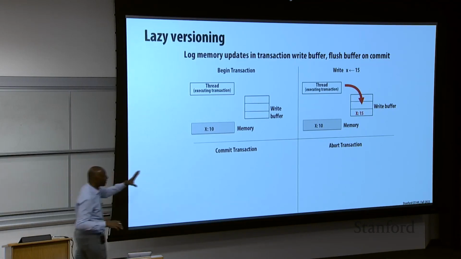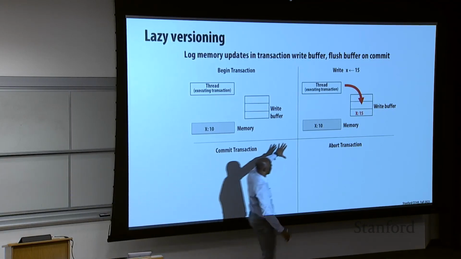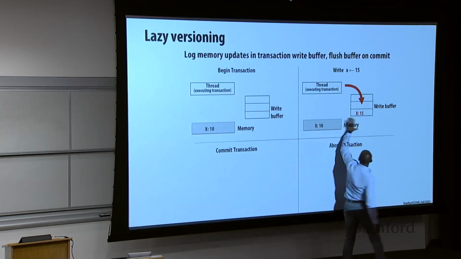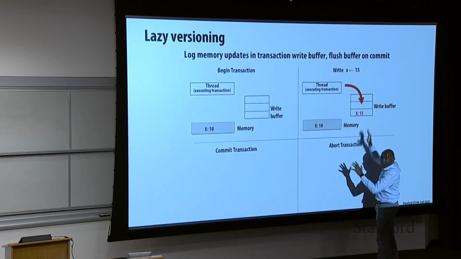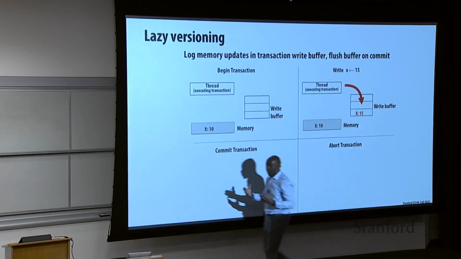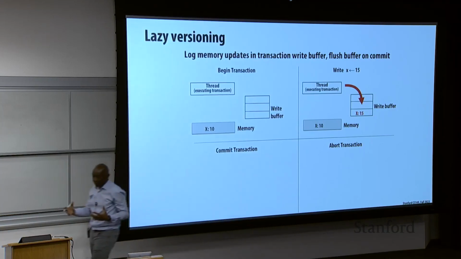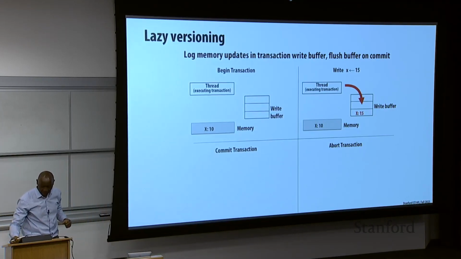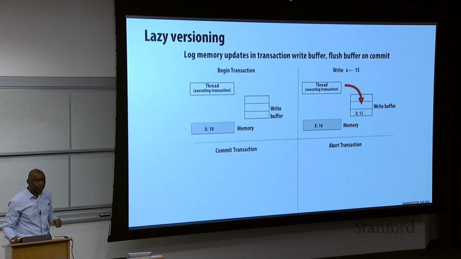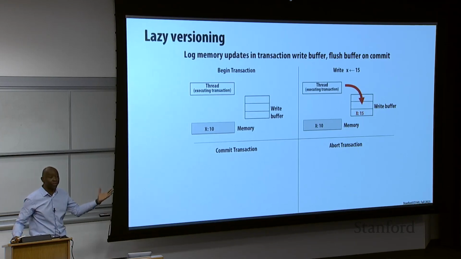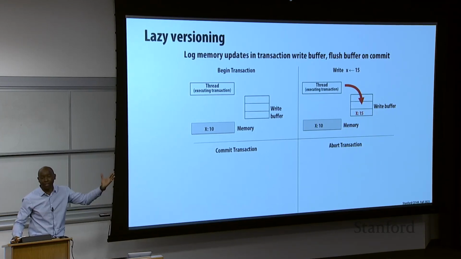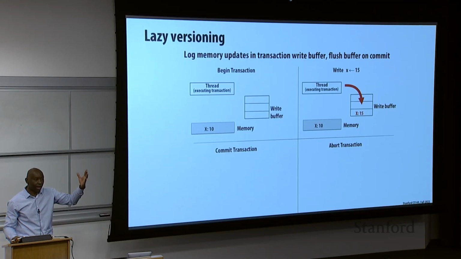Because we haven't eagerly updated memory, we now have two places where we may have to look for the latest value of data. As opposed to the undo log, where you never look in the undo log. You only use the undo log when you're trying to fix an aborted transaction.